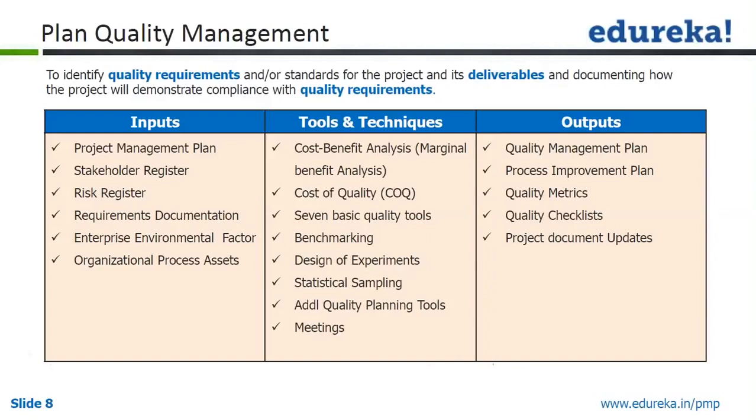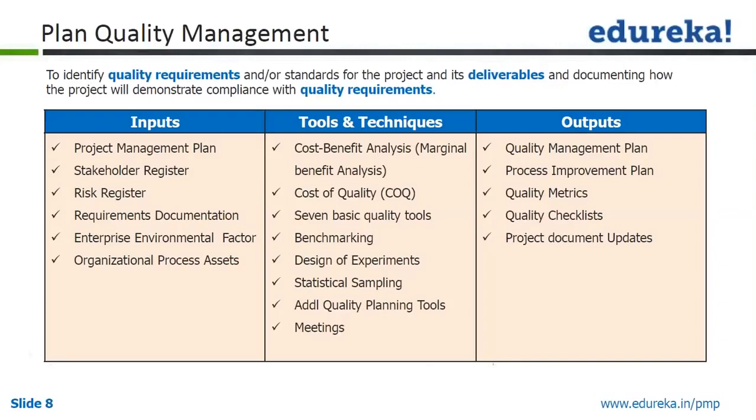So cost of quality gives us cost of conformance. It compartmentalizes the cost of quality into cost of conformance and cost of non-conformance. Cost of conformance will have preventive costs such as training, documenting, standardizing, and so on, or appraisal costs like testing, inspections, and so on. So those will be the costs for conforming to the quality.